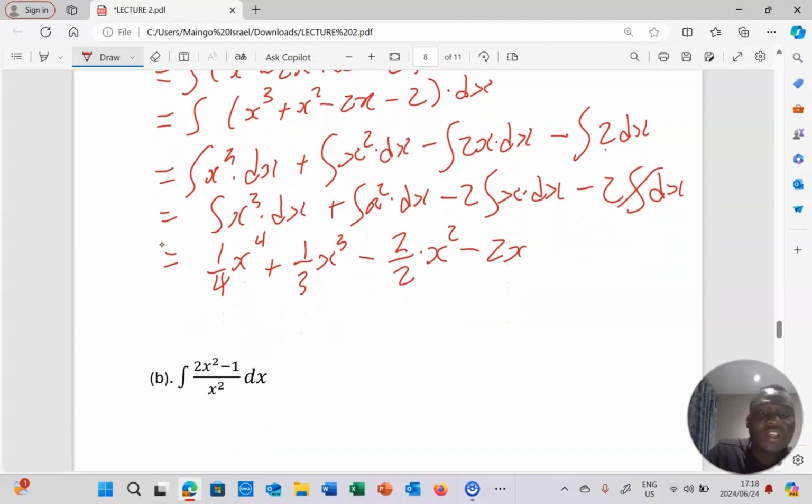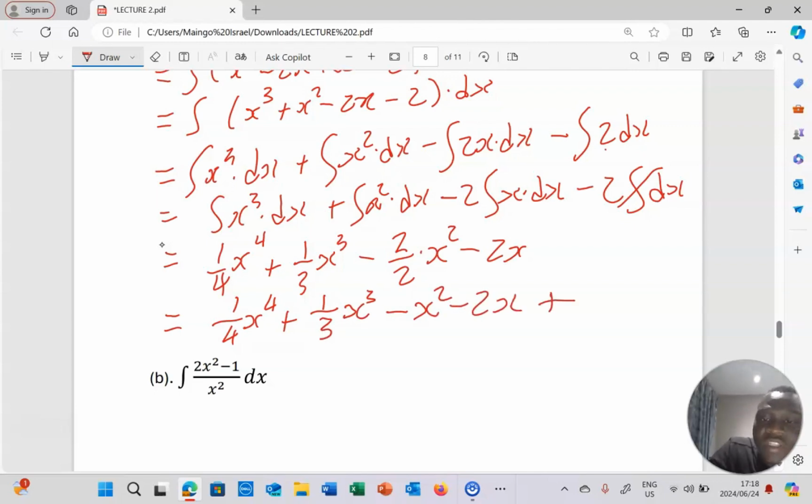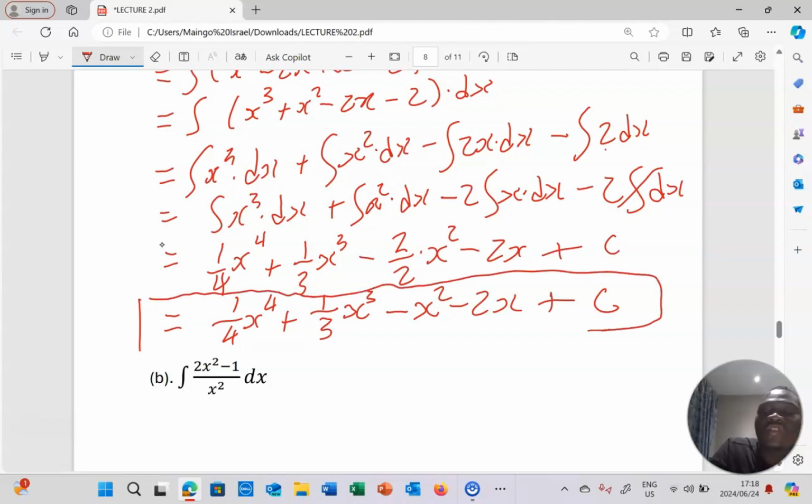When we simplify, we have 1 over 4 x to the power 4 plus 1 over 3 x to the power 3 minus x squared minus 2x plus a constant. So we add a constant. This is the final answer.